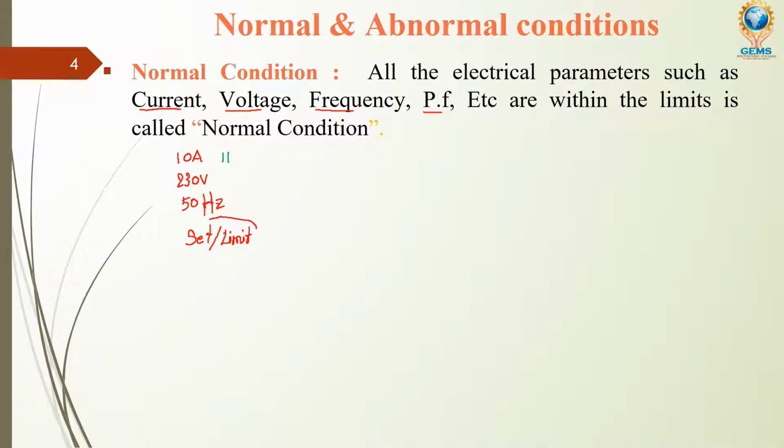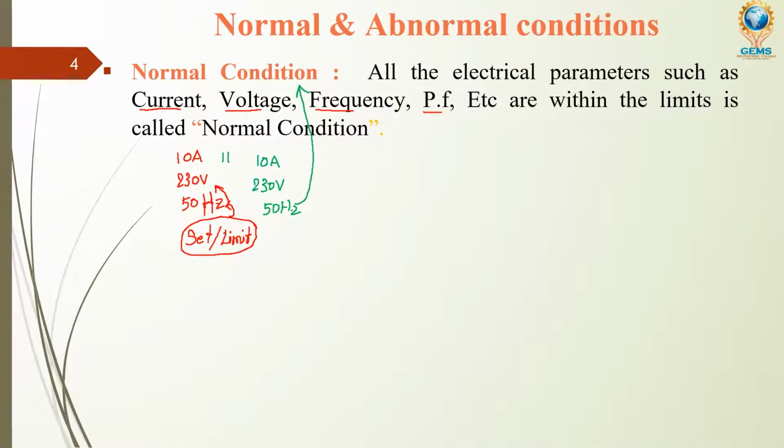If here we can see 10 amperes, 230 volts and 50 hertz, then I will say system is normal.